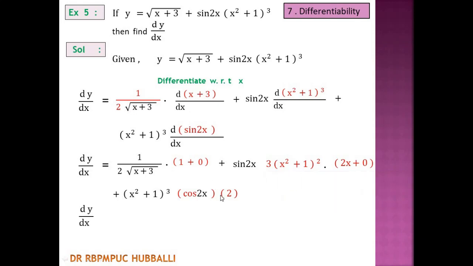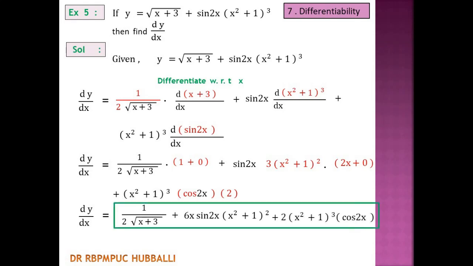Okay, in the last step, all these functions again writing 1 divided by 2 root x plus 3, and here it is 3 and 2x, if you multiply it becomes 6x, and x square plus 1 whole square sine 2x as it is, plus 2 into x square plus 1 whole cube cos 2x.